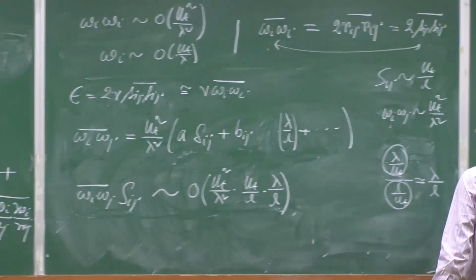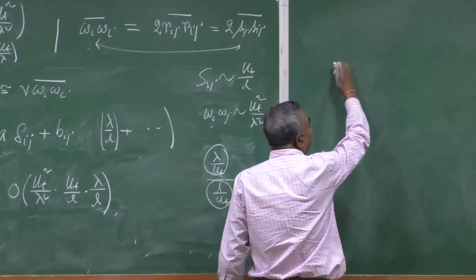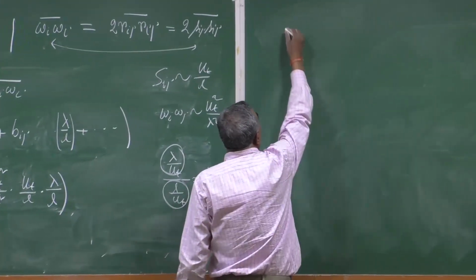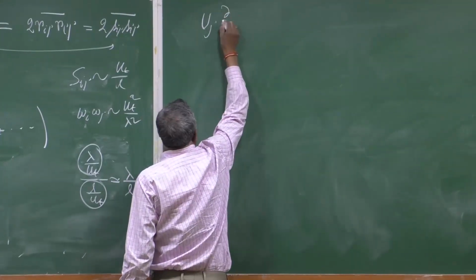If you go ahead with the order of magnitude of the turbulent entropy equation term by term, first let us find out the order of magnitude of this particular term.